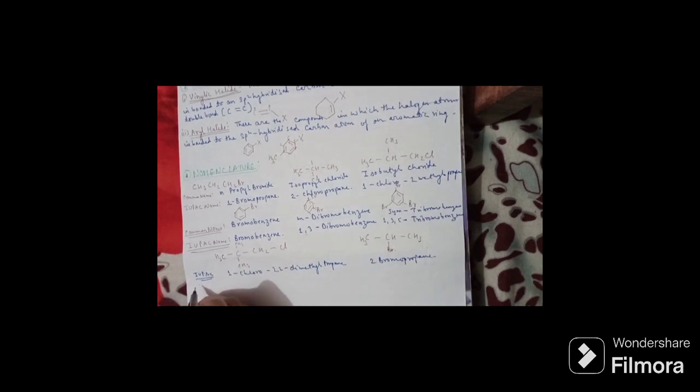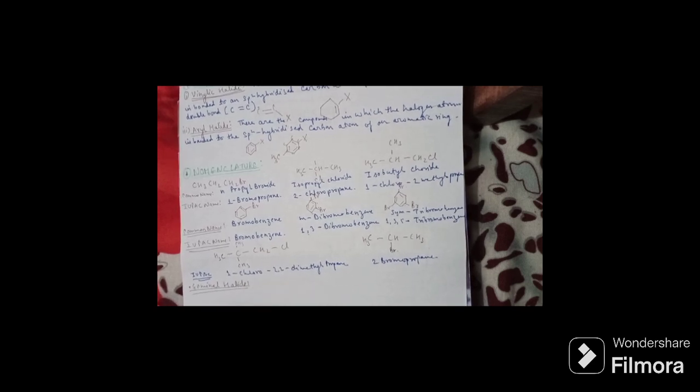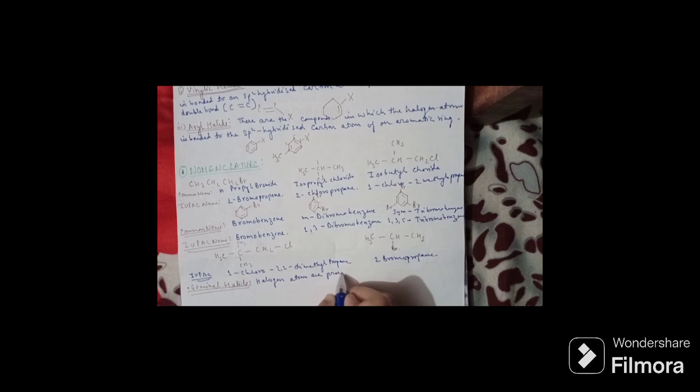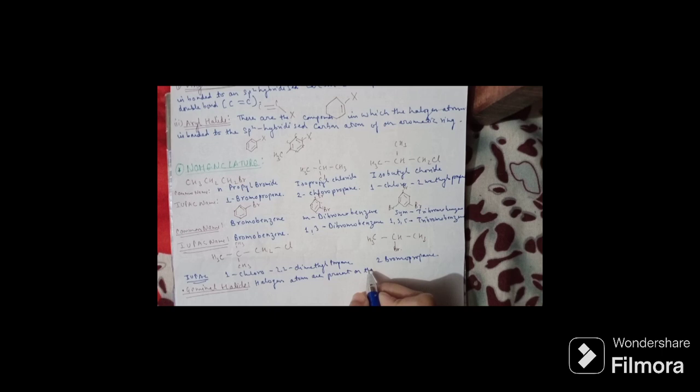First is your geminal halide: halogen atoms are present on the same carbon atom.